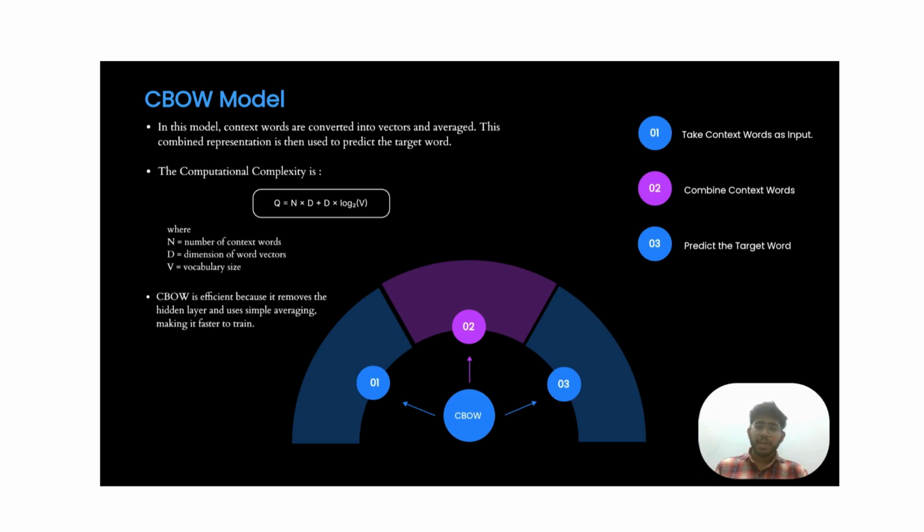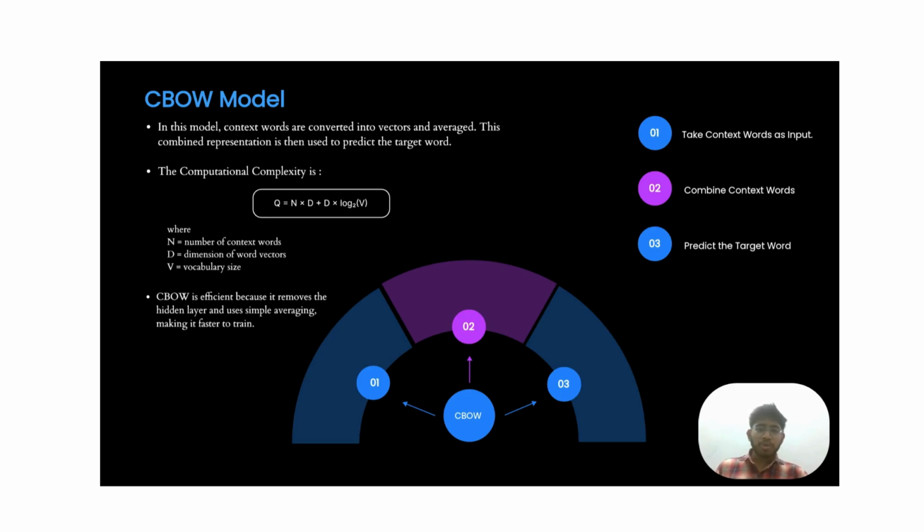This is very important: instead of complex neural layers, we just take the average. This is what makes CBOW very fast. And finally, using the average vector, the model predicts the missing word. It may be coding. This diagram shows the same flow: context words come in, get combined, and then predict the output.